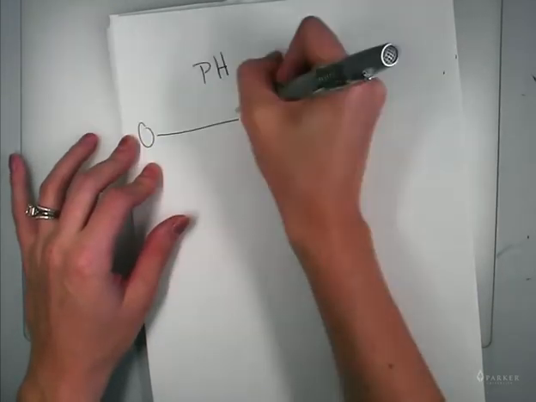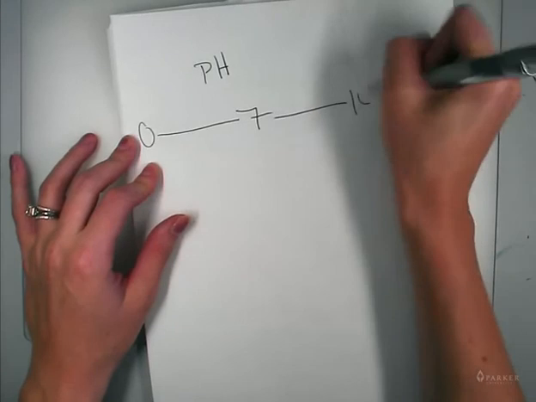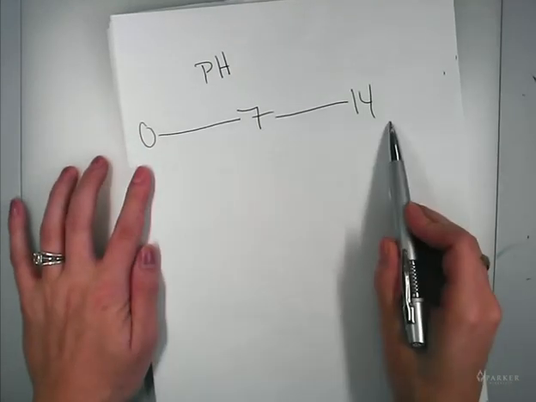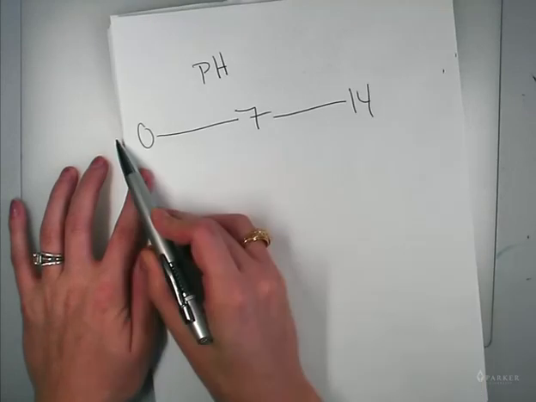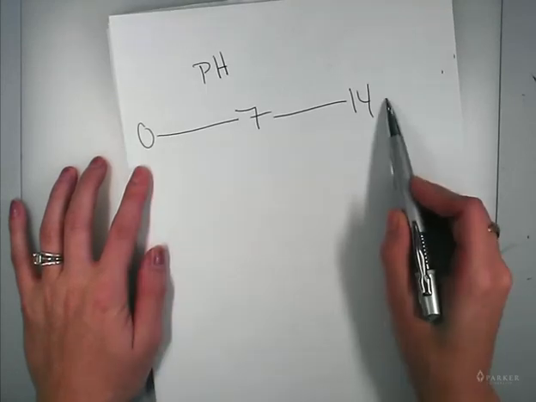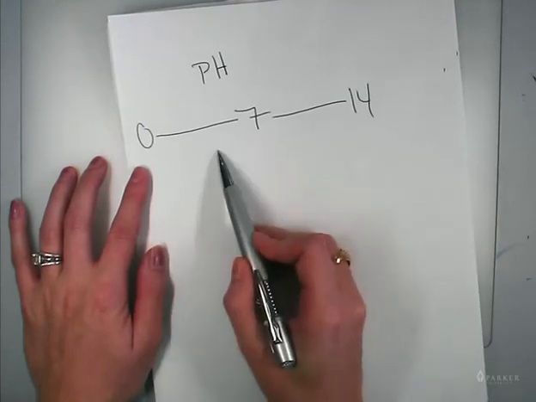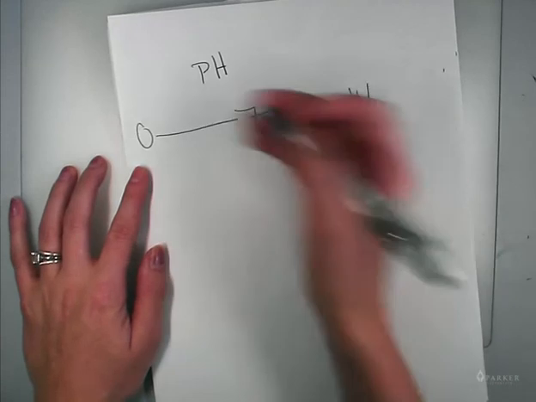We have 0, 7, 14. The pH scale is bound by 0 and 14. It won't go below 0, and it won't go above 14. Over here from 0 to about 7, what is that considered? An acid or base? Acid.